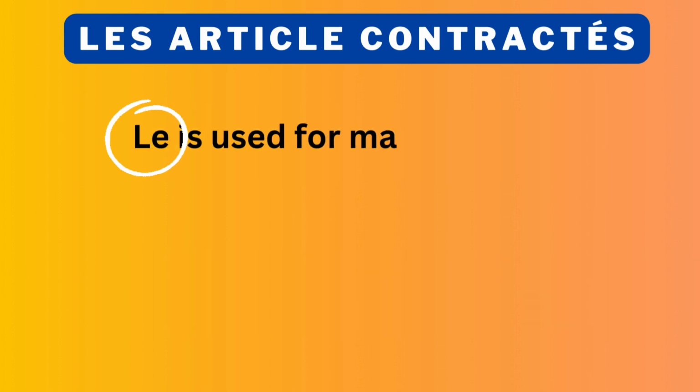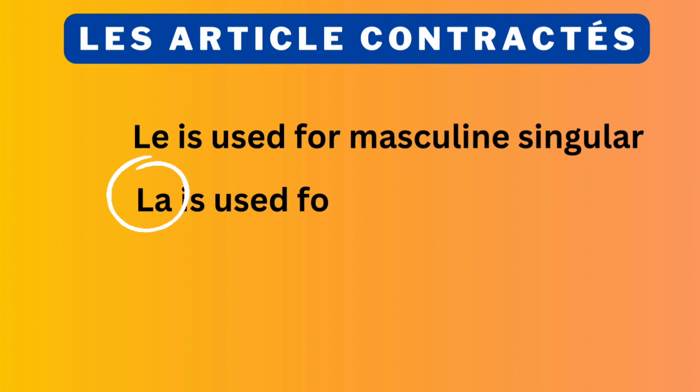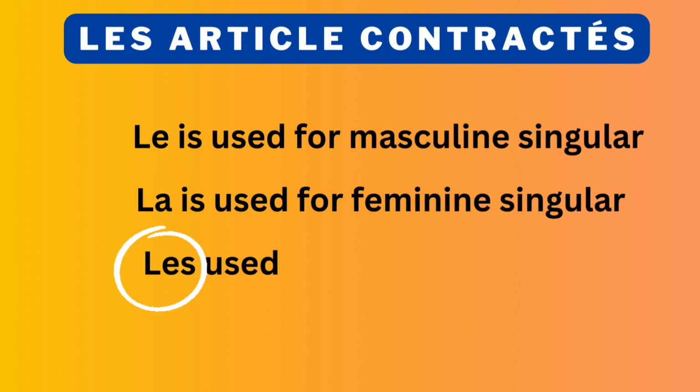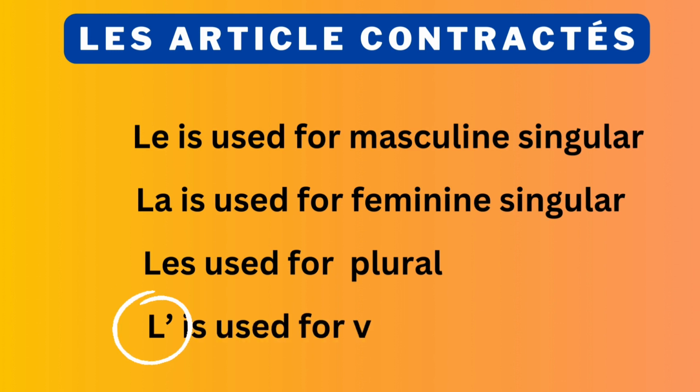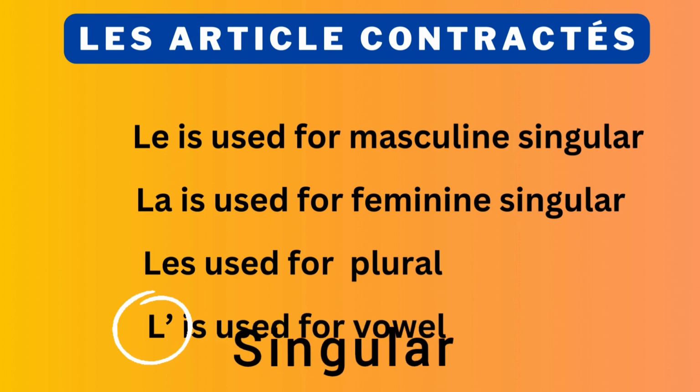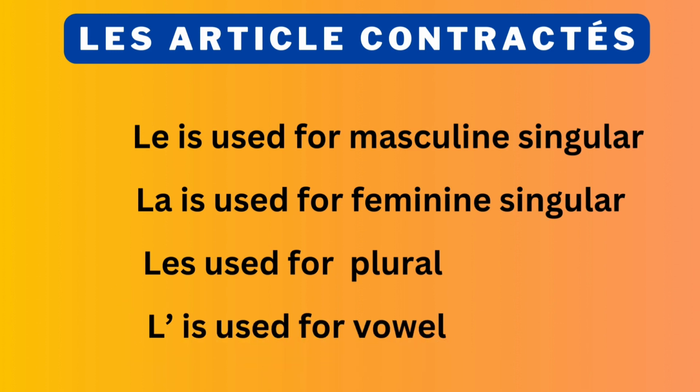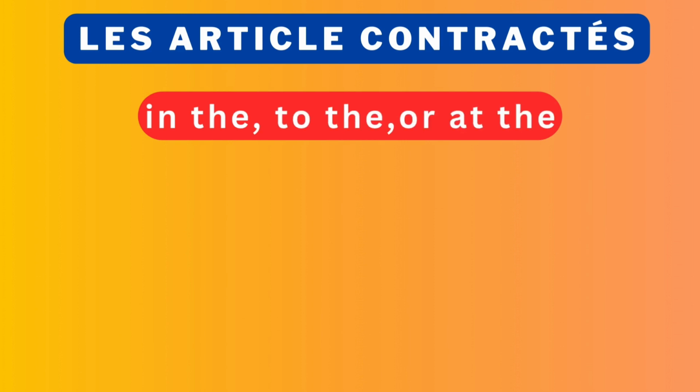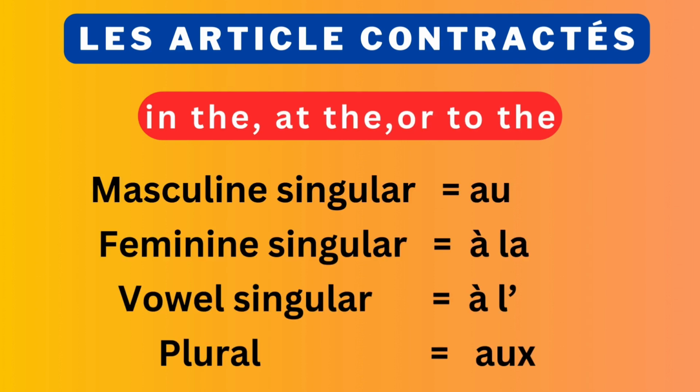Le is used for masculine singular. La is used for feminine singular. Les is used for plural, and l' apostrophe is used for vowels, and it should be singular also. For all cases of in the, to the, at the, for masculine singular, it's au.